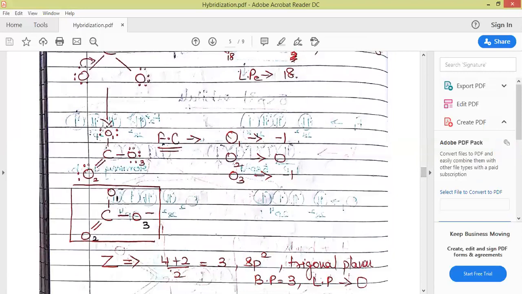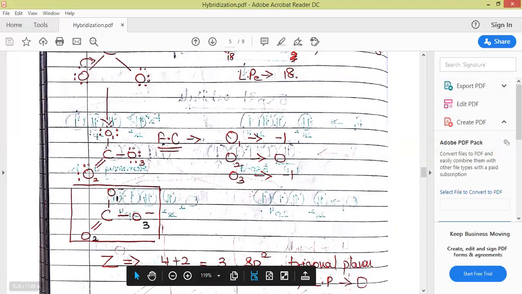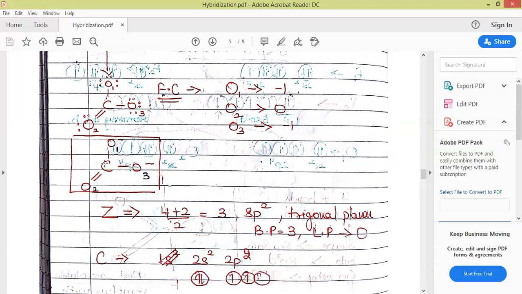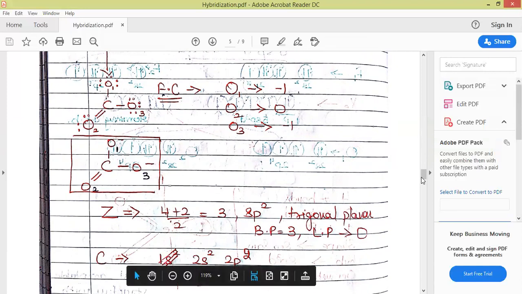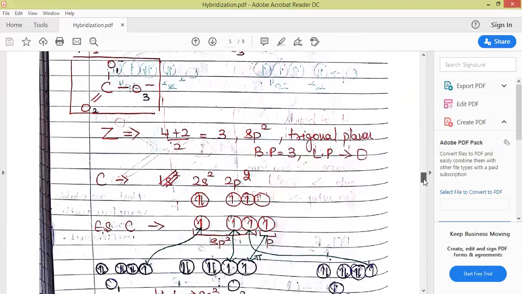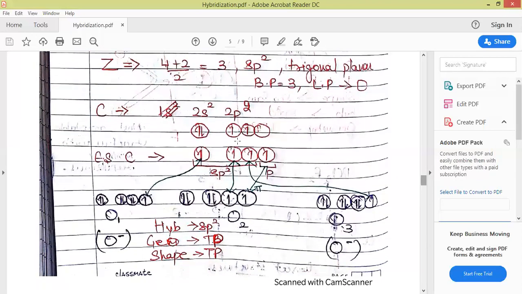This is the most acceptable Lewis dot structure for carbonate CO3 2 negative ion. Now we'll calculate Z. For this, Z is going to be 4 number of valence electrons plus 2 negative charges there, divided by 2, sp2, trigonal planar, bond pairs are 3, so lone pair will be 0.